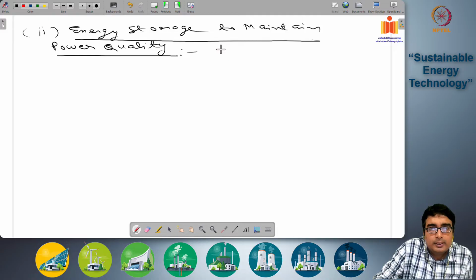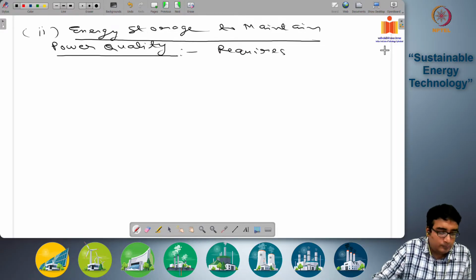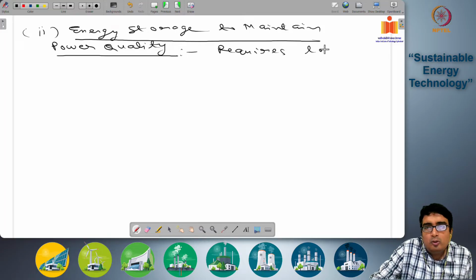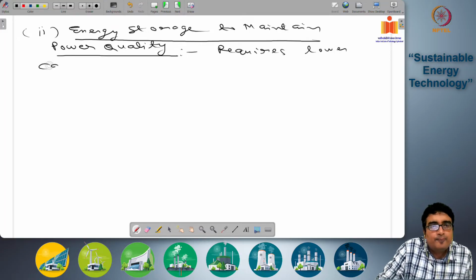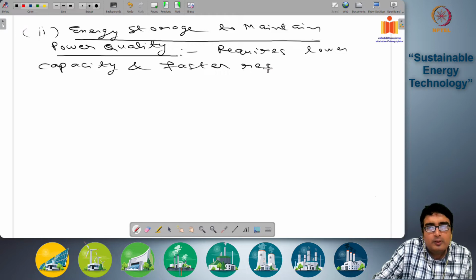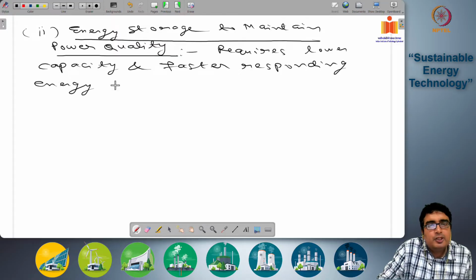So, this requires lower capacity and faster responding energy storage systems.